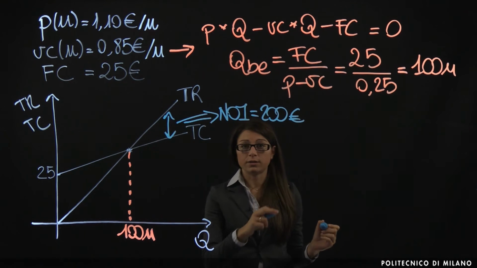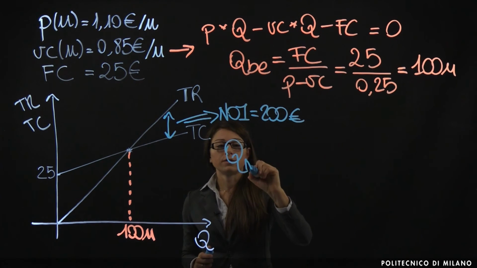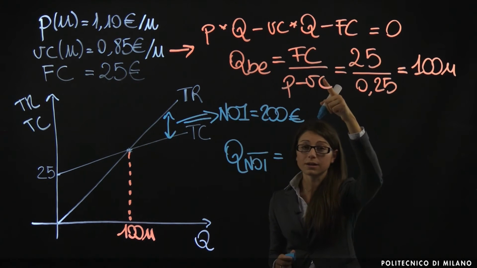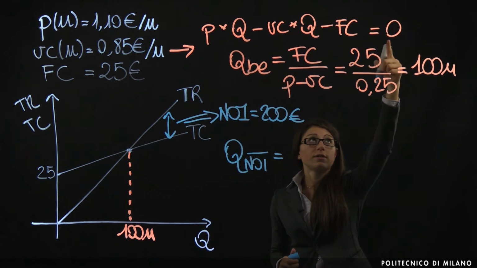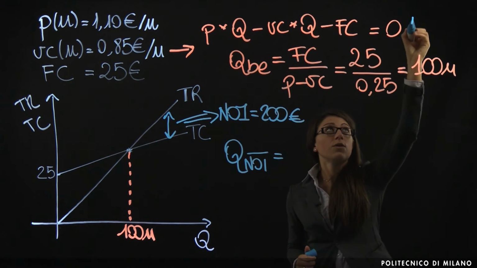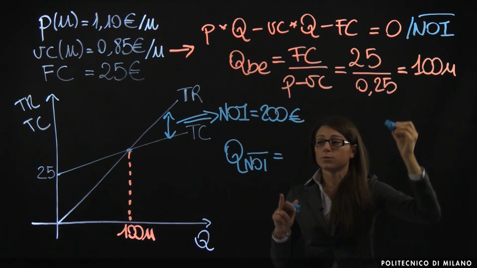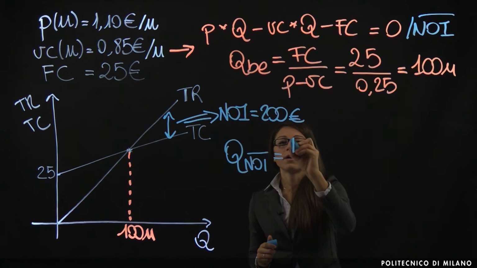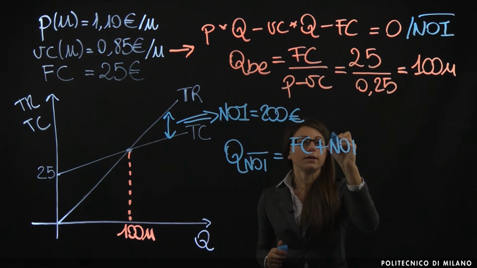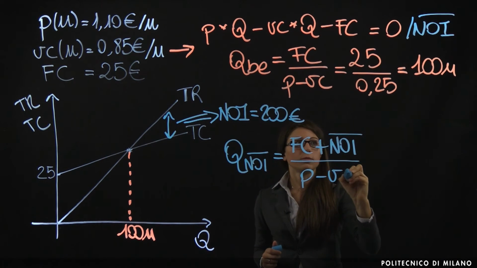How can we calculate this quantity? If you remember the formula, we just need to calculate the quantity for achieving a target net operating income, which is exactly the same formula as to break even, just setting the equation equal to our target net operating income rather than equal to 0. So this formula becomes fixed costs plus the target net operating income, divided by the price minus the variable costs.